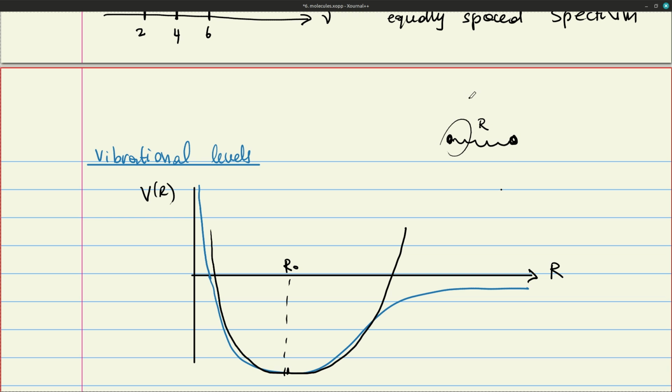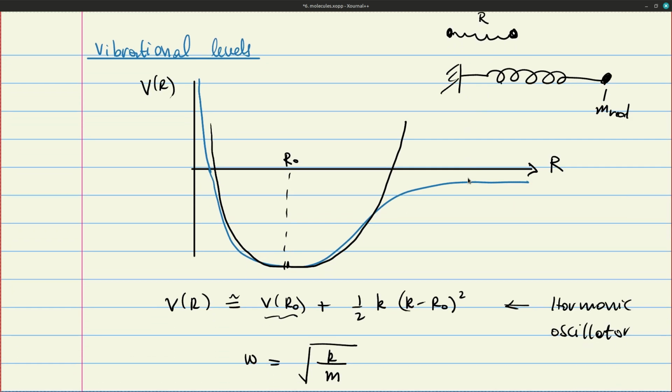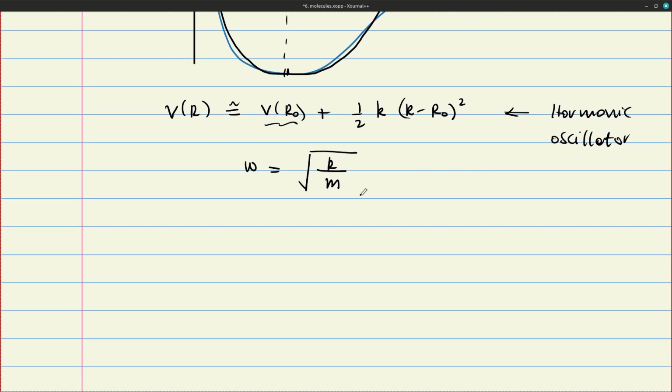But by changing the reference frame to the center of mass frame, we can think about a mass connected to a wall, where M is M reduced. We can change from global coordinates to center of mass and relative coordinates, and we can do this for any two-body problem. And this is the reduced mass here.